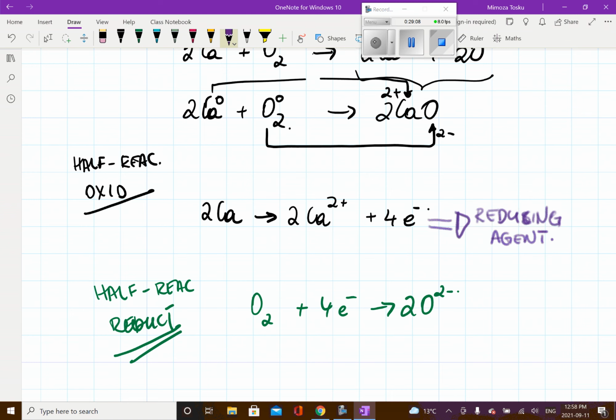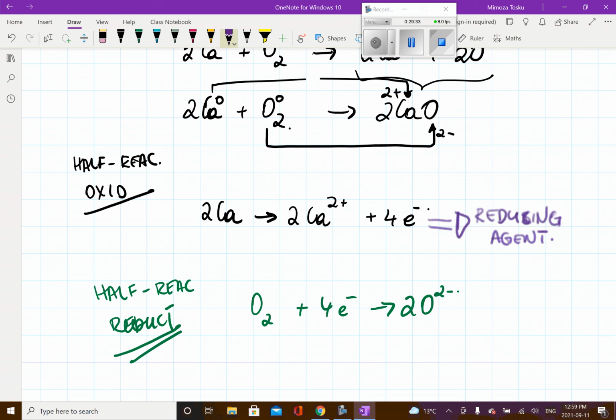Through the oxidation process, calcium is going through oxidation, it's oxidized, which is becoming a reducing agent. It's giving the other element the opportunity to be reduced.